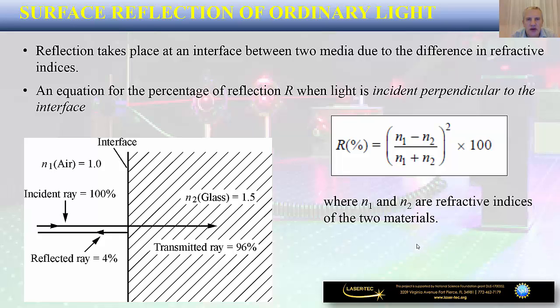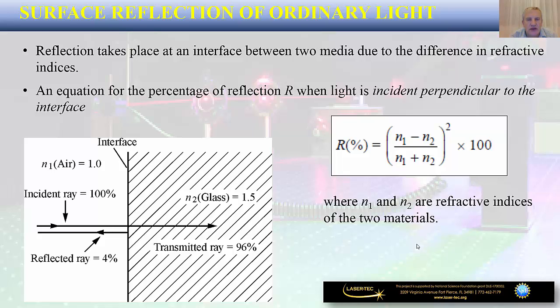We know that according to the wave properties, there is going to be a certain reflection of light from this boundary. We can use the law of reflection to determine the direction of the reflected beam, but what we are interested in determining on this slide is the power, the irradiance, that is in that reflected beam.